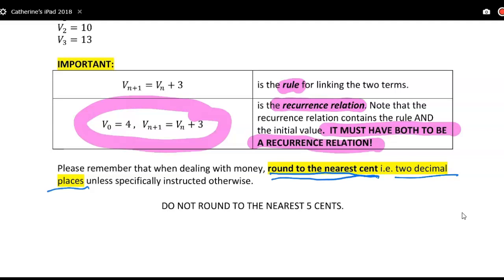Okay, think about it more in terms of our electronic money, where if you go to the supermarket, you can buy a litre of milk for $1.99. If you go up to the checkout and pay for it on your phone apps or on your card, you will pay $1.99.